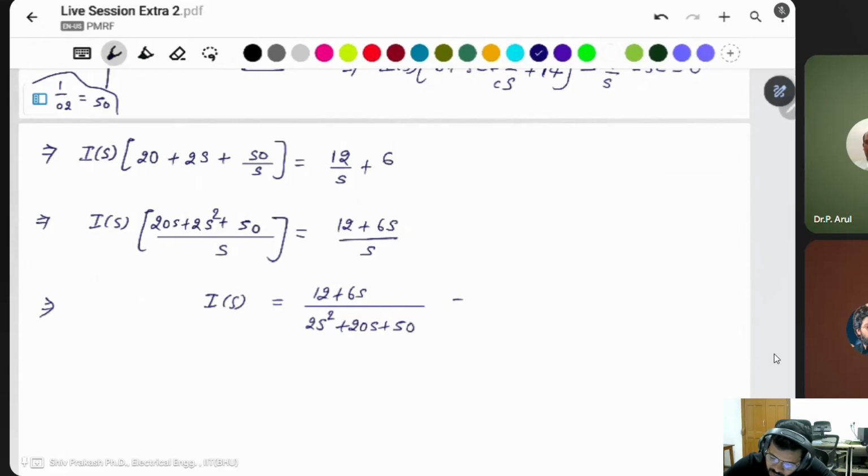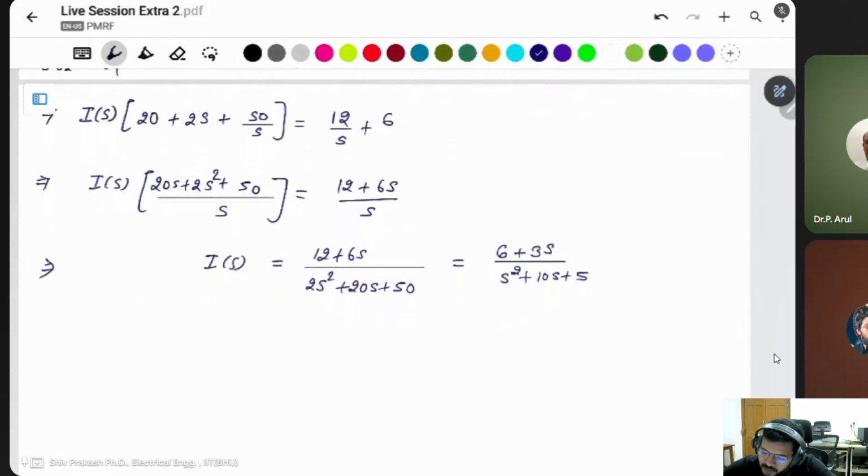You can take 2 common from both numerator and denominator. In the numerator it will be 6 plus 3S divided by S square plus 10S plus 25. Sorry, 2 common, 50 becomes 25.